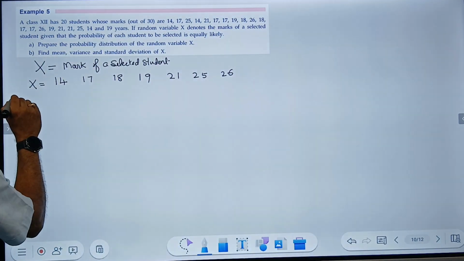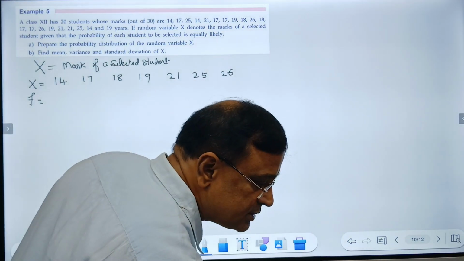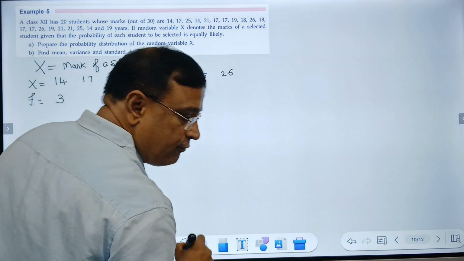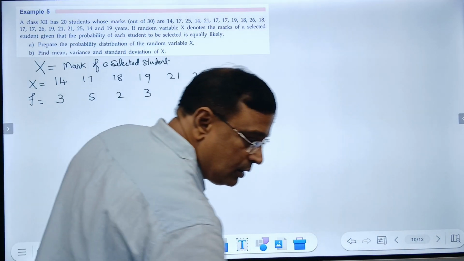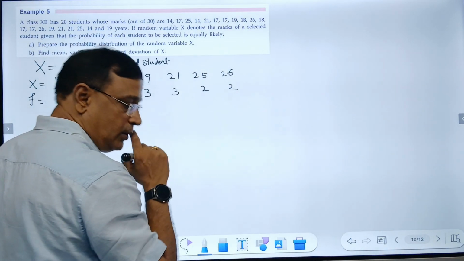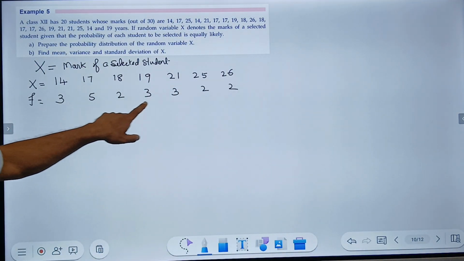So what is the frequency? How many students are there? I have already counted and kept, so let us not waste our time. We can count and see. I'm getting 3, 5, 2, 3, 3, 2, 2. So this way, you don't have to worry much. Total students is 20.